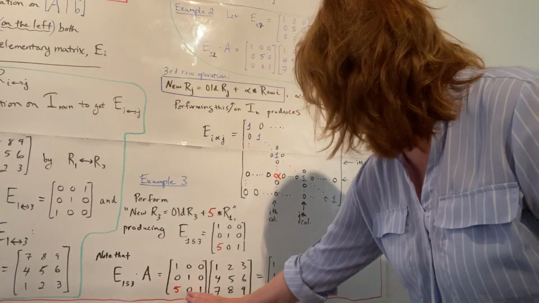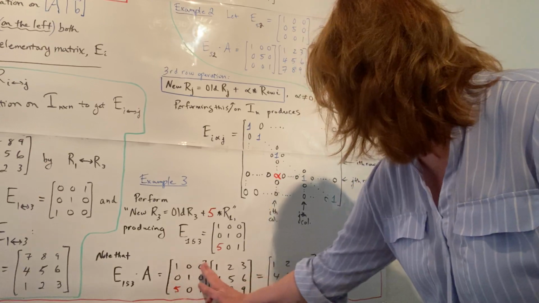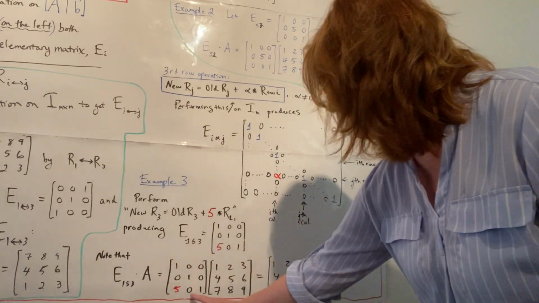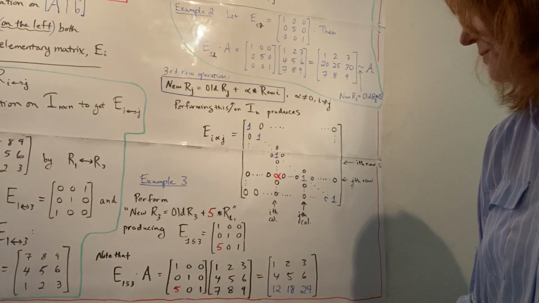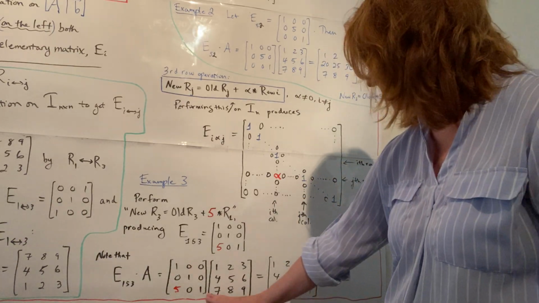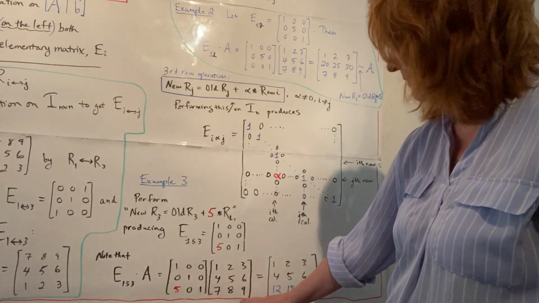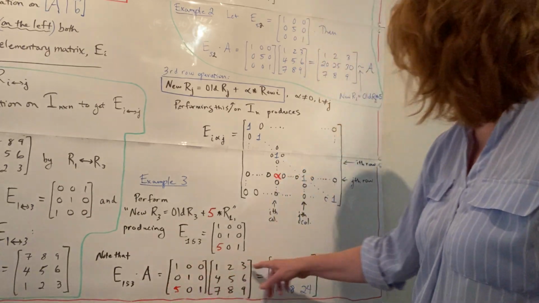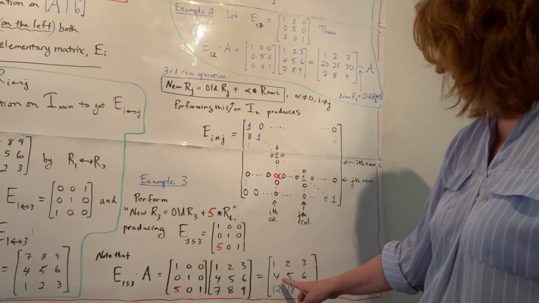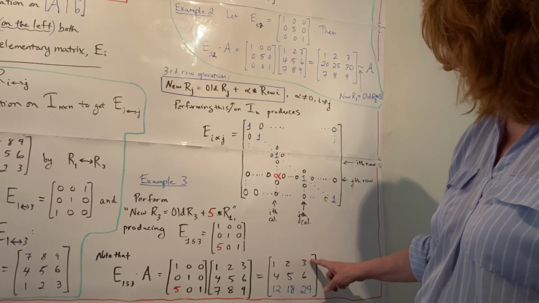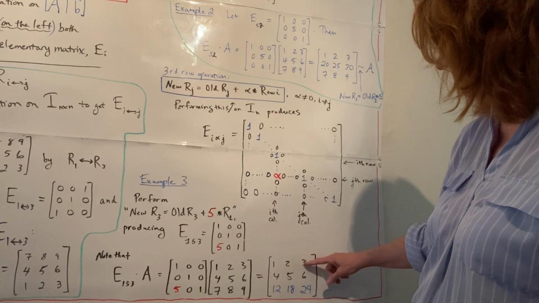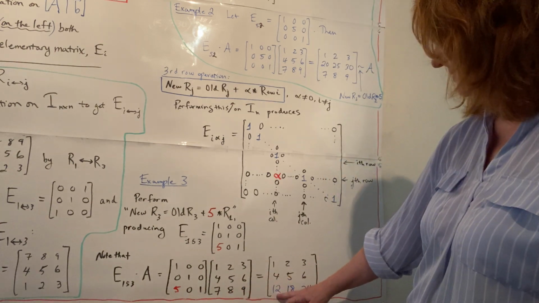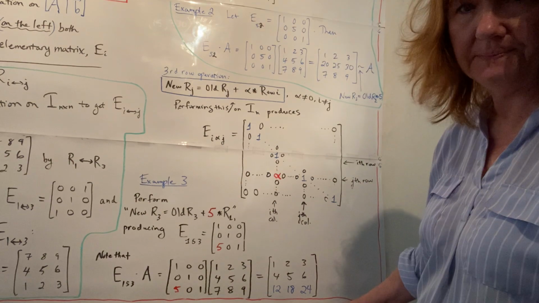Third row, 5, 0, 1, takes that 5 and gets multiplied all the way across 1, 2, 3, and then added to what happens in row 3. With that 1 there, it picks up row 3 and adds it to 5 or alpha times row 1. So if you had 5 times row 1, that would give you 5, 10, 15. And if you added those to the old 7, 8, 9, sure enough, you get 12, 18, 24.